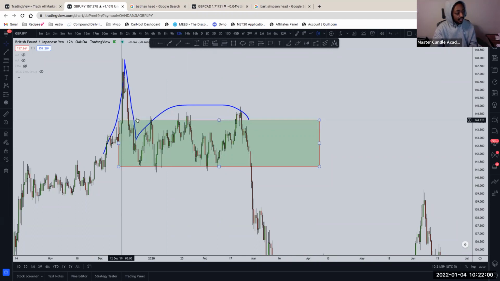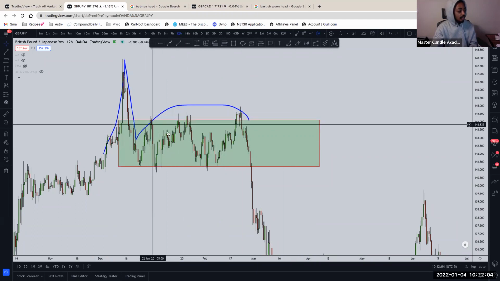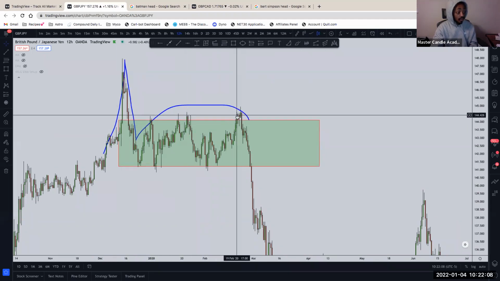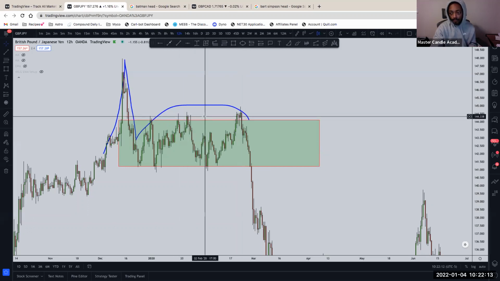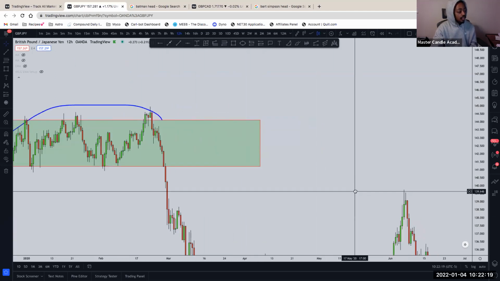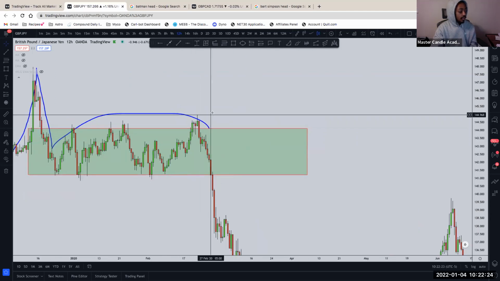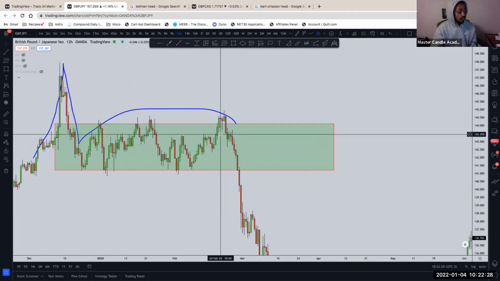If at this point in your zone you see order block, order block, order block, order blocks, dojis, we know that price does not want to go bullish. By this third touch and rejection of this zone, we know price does not want to go bullish. We are given our engulfing candle, and technically that's already the setup. Engulfing candle, take the sell stop at the bottom of the zone.